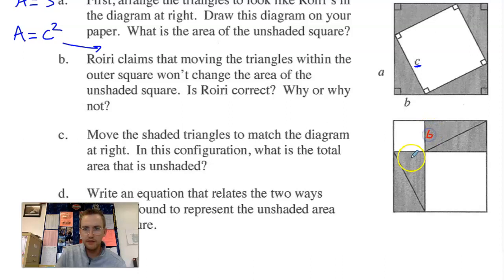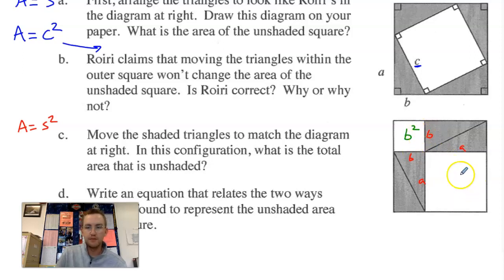So this is B, this is B. A is by the longer of the two short sides, so this is A, and this is also A. So the area of the little square, if we know our area of a square is the side length squared, then we take the side length, which is B, and the area for this little square is B squared, because it's B times B.